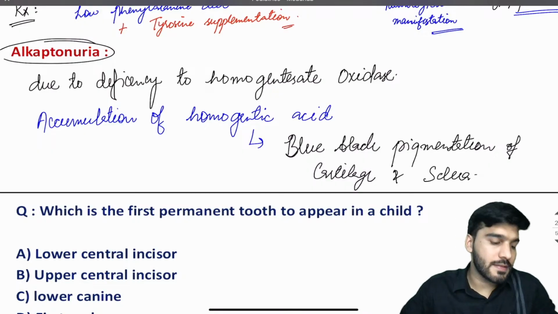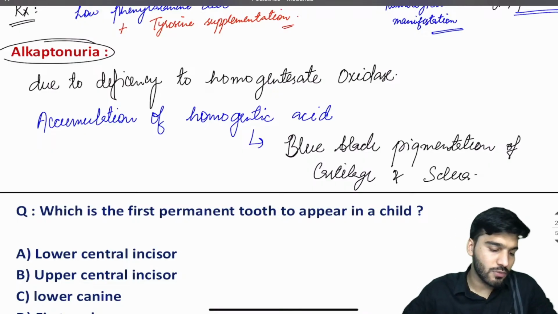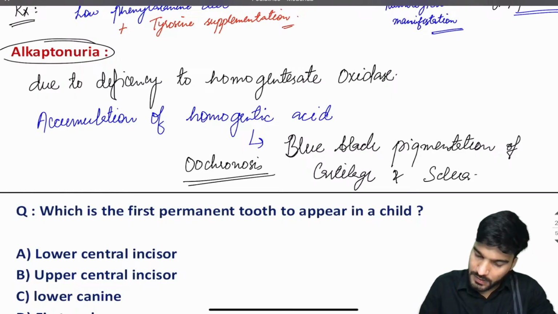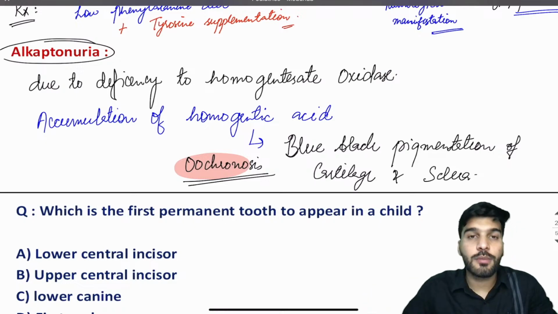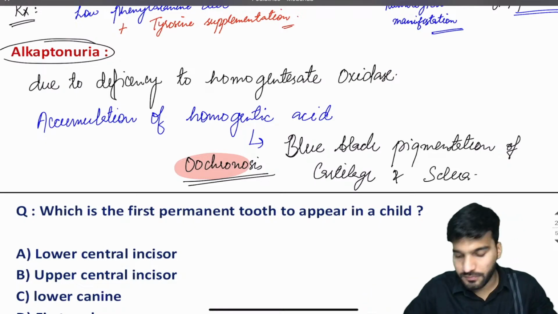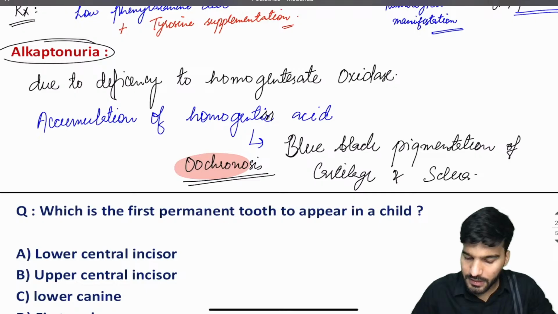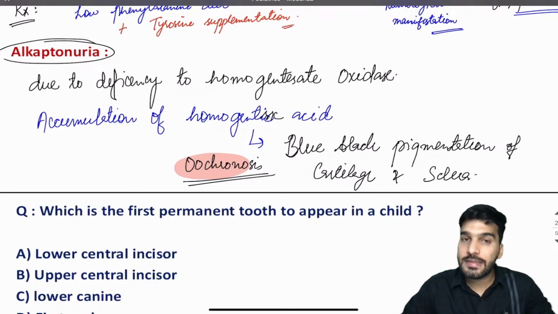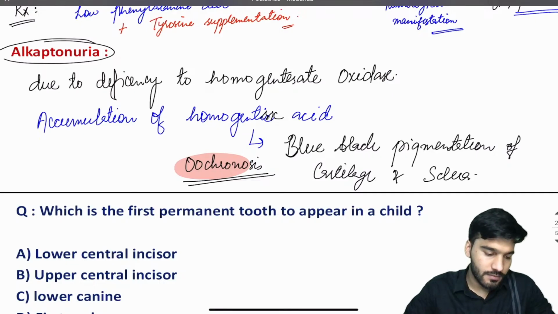Okay, and this blue black pigmentation is called ochronosis. Clear? Chalo. So there is an accumulation of homogentisic acid which will lead to the blue black pigmentation of cartilage and sclera, called ochronosis.